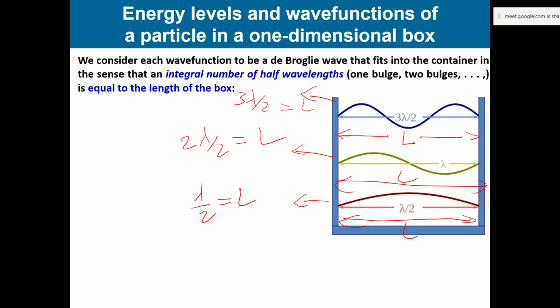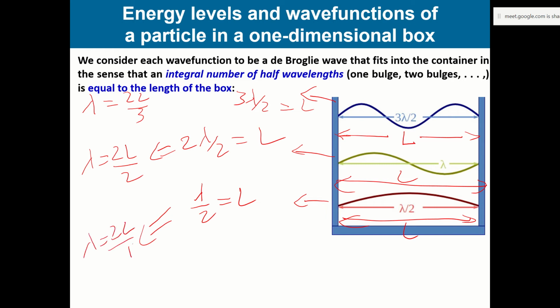So a general trend that you see here: lambda is equal to 2L by 3. This gives you lambda is equal to 2L by 2. This one gives you lambda is equal to 2L by 1.